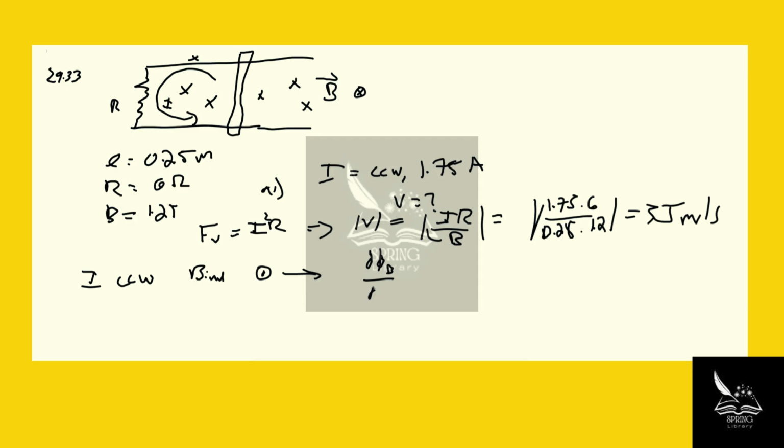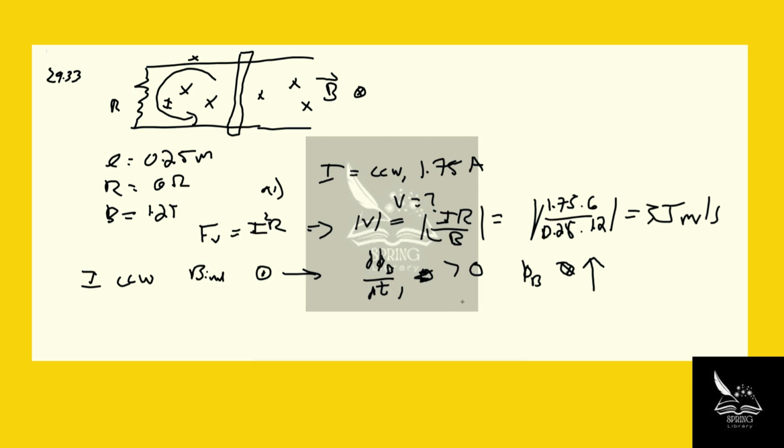The rate of change in magnetic flux, then, we already know is going to be greater than 0 because the magnetic flux is into the page, but the induced one is out of the page, so it must be into the page and increasing.